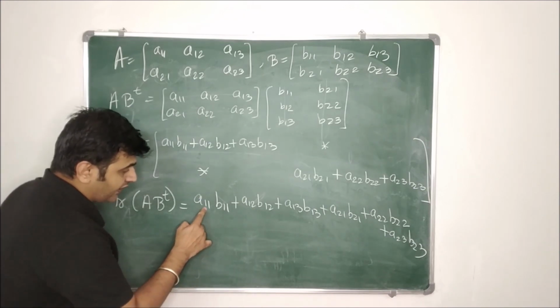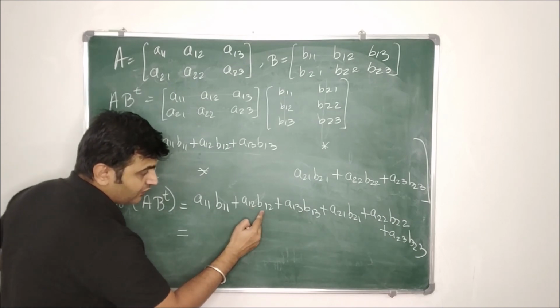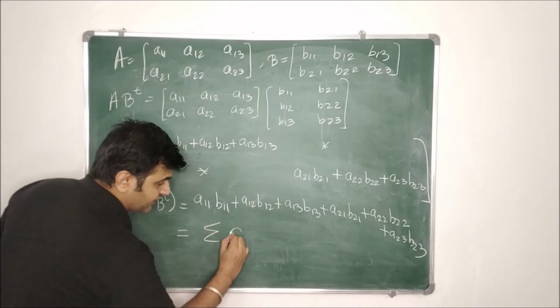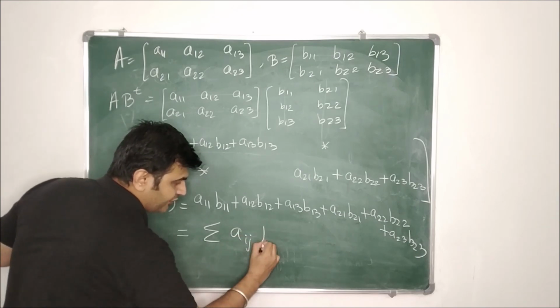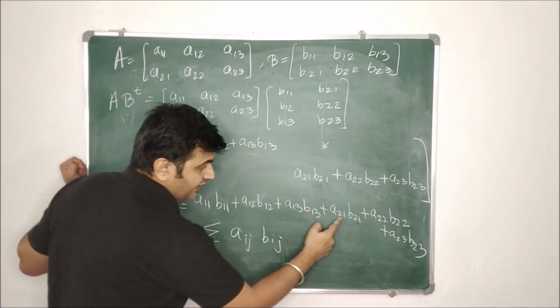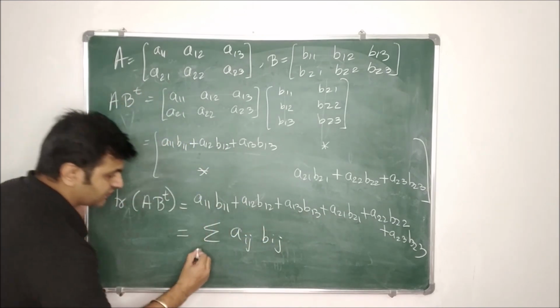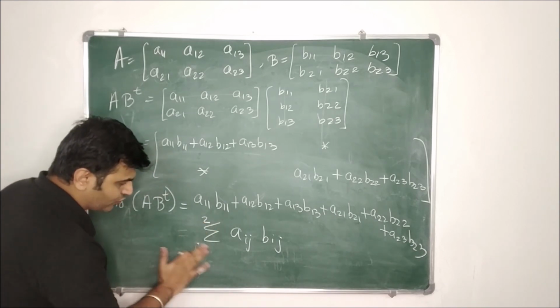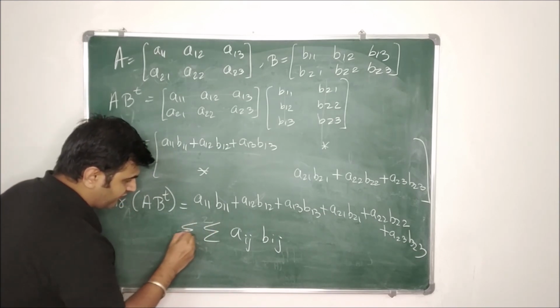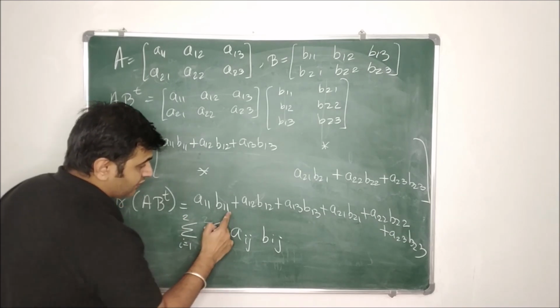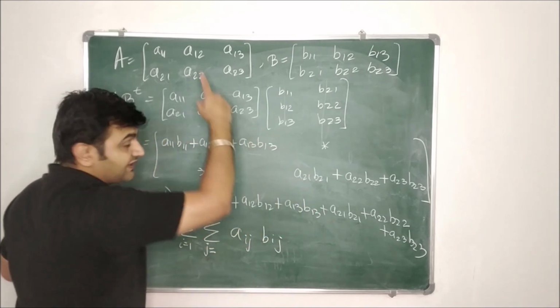Now you can write it in compact form. If you observe A11 B11, A12 B12, A13 B13, A21 B21, this is the summation of Aij into Bij, where i goes from 1 to 2, the number of rows, and j goes from 1 to 3, the number of columns.